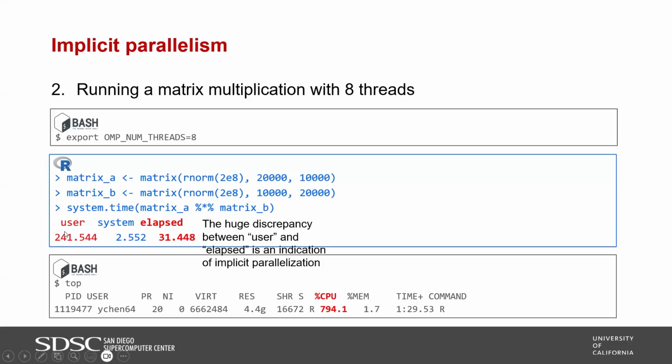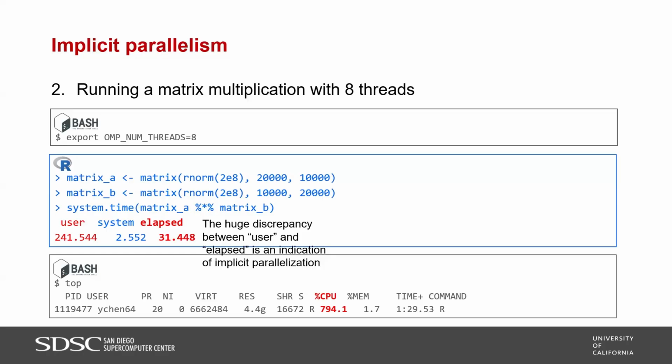And when it's still running, if you check the process in the top command, you will see that the CPU percentage is close to 800. That means that our process is running with multi-threading, likely with eight threads.